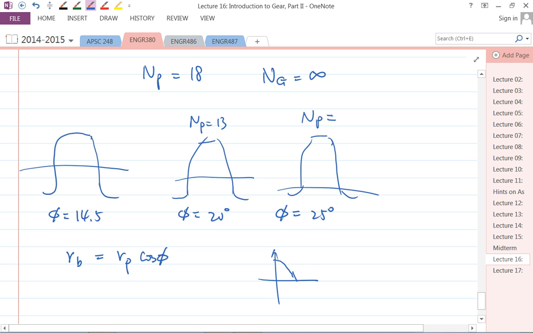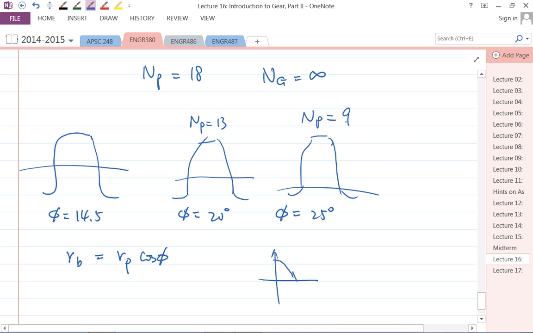Should it be bigger than 13 or smaller than 13 now? The chance of getting interference is actually smaller, because you have more involute profile than this one here. So this is going to be a smaller number, roughly 9 or 10. So that's the idea of the pressure angle.